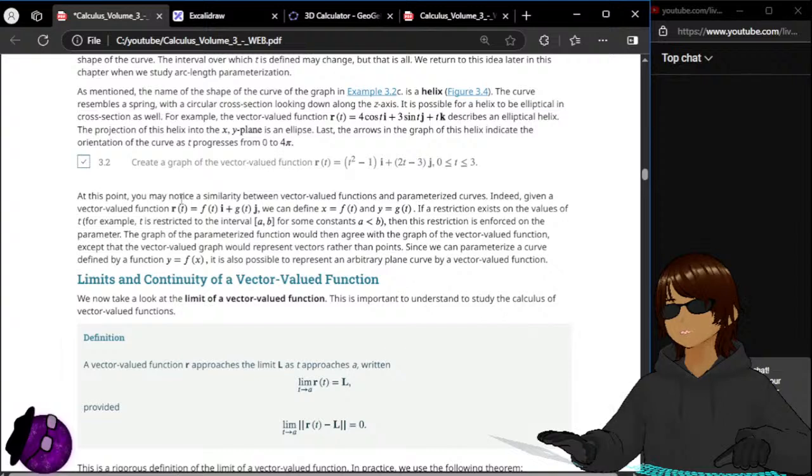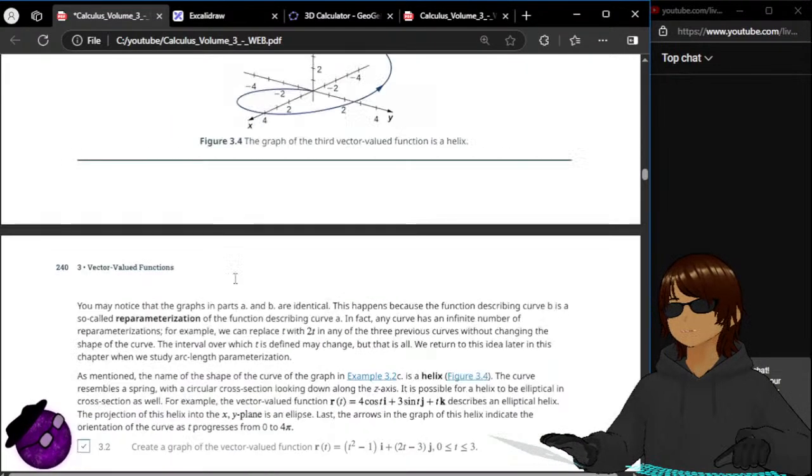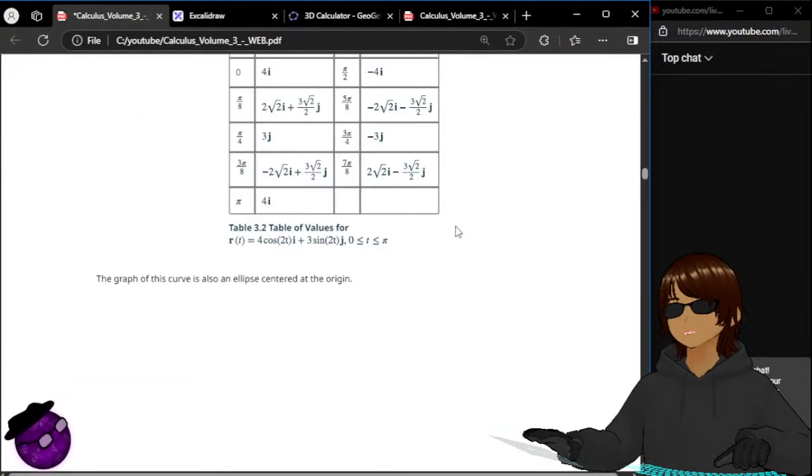At this point, you may notice a similarity between vector valued functions and parameterized curves. Indeed, given a vector valued function, we can define x = f(t) and y = g(t). If a restriction exists on the values of t, then this restriction is enforced on the parameter. The graph of the parameterized function would then agree with the graph of the vector valued function. Okay, wait, let me see.